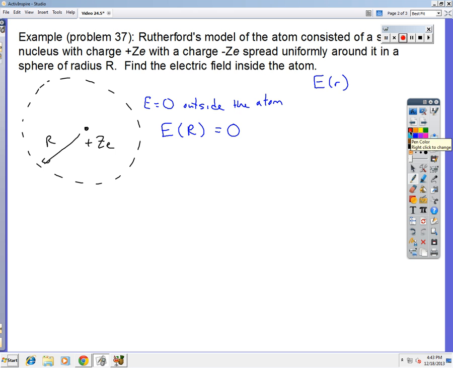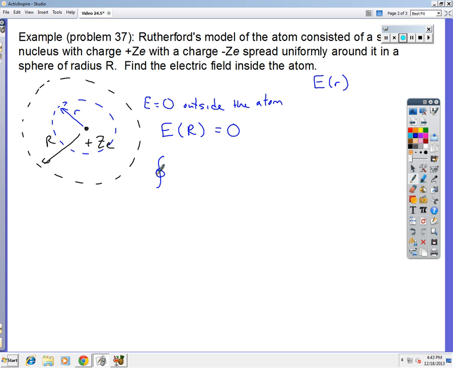But what we'll do is we'll draw our Gaussian surface of radius little r that is less than big R, centered on the nucleus. And because this system has spherical symmetry, the electric field is the same at every point along our Gaussian surface.